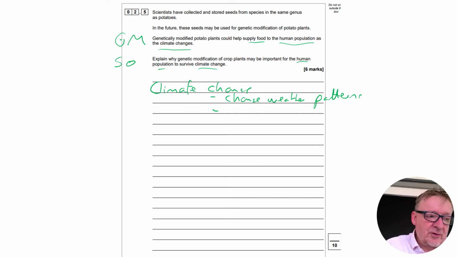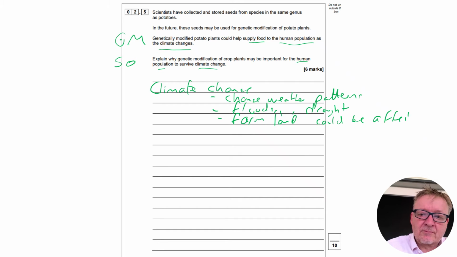You're also going to get potential flooding, potential drought, and farmland could be affected. Current crops may not survive.